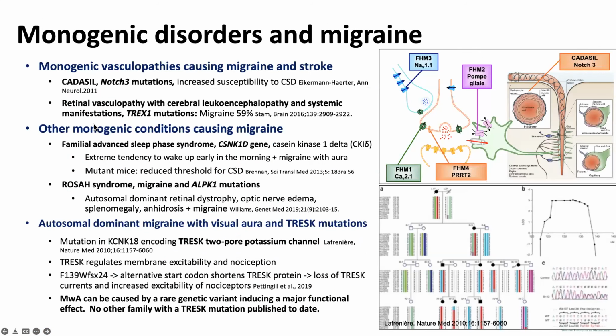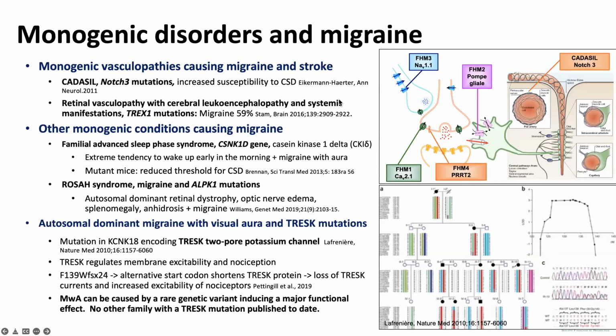So this is a very busy slide, sorry for that, but sometimes hemiplegic migraine or other attacks of migraine may be part of a more complex condition causing other neurological symptoms like strokes and also migraine. Several disorders have been described since more than 20 years, but they are very rare.